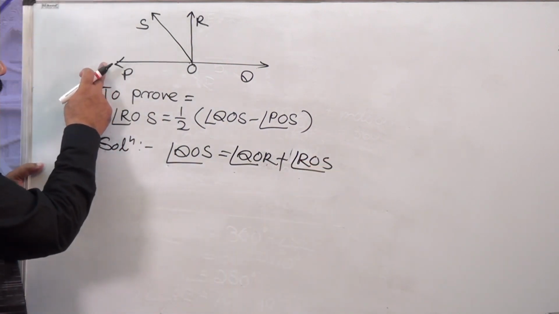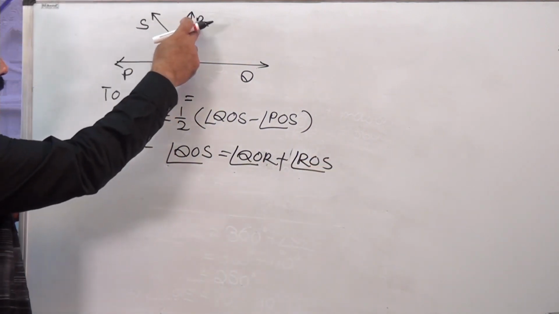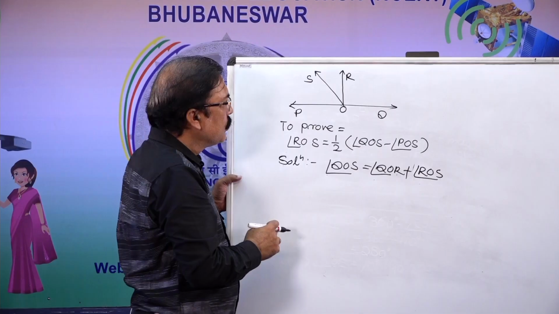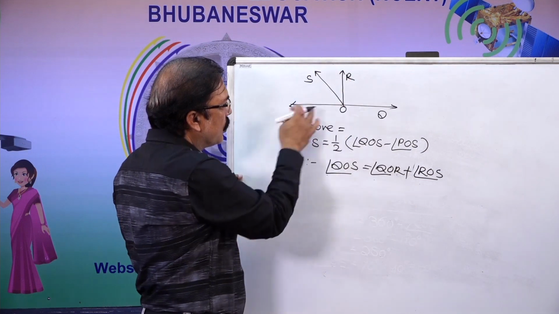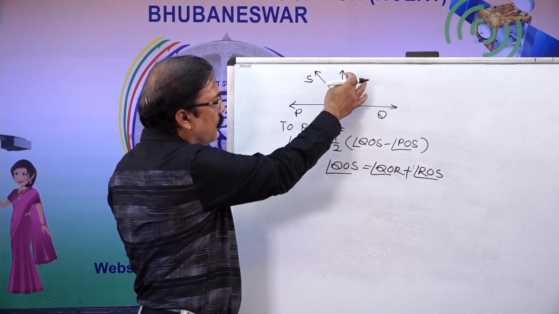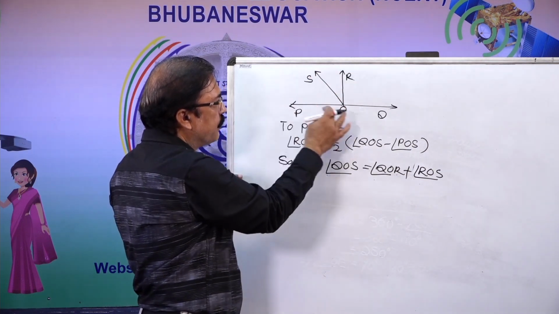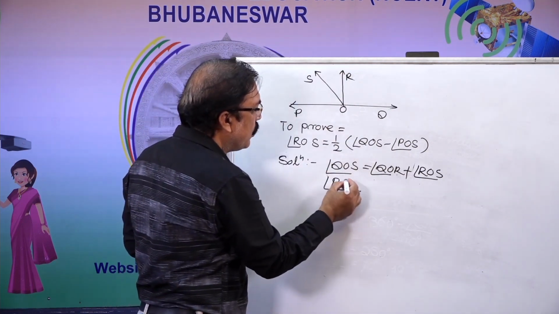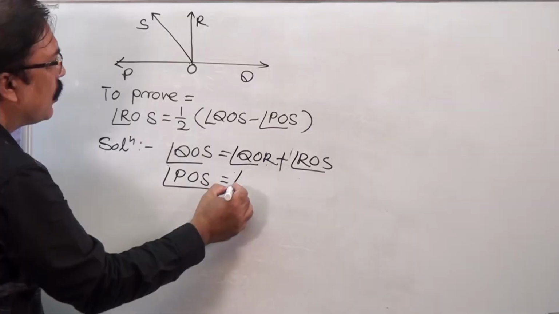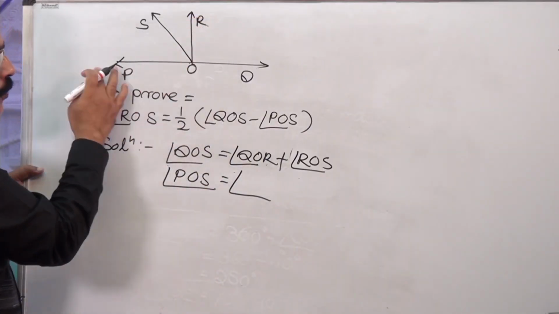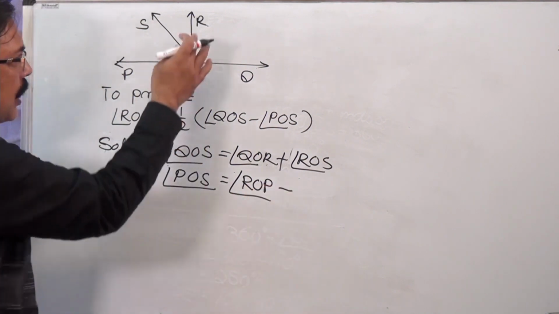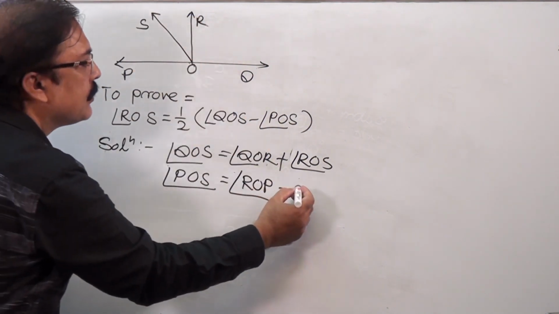See, angle POS and ROS are adjacent angles. So, ROP is equal to ROS plus POS. From that we get angle POS is equal to angle ROP minus angle ROS.